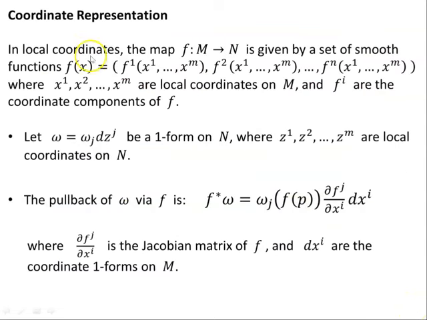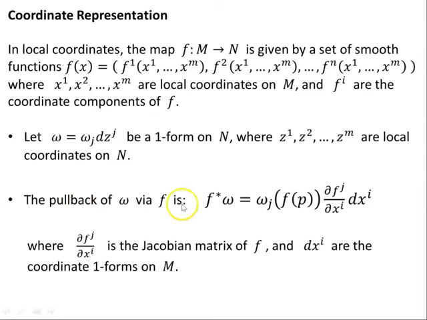All right. So coordinate representation. In local coordinates, the map F from M to N is given by a set of smooth functions. F of x is F1 of the coordinates on M, F2, up to Fn, depending on the dimension, where x1, x2, up to xm are local coordinates on M, the first manifold, and F_i are the coordinate components of F on N. Let omega equal omega_j dz^j be a one form on N, where z1, z2, up to zm are local coordinates on N, the second manifold.